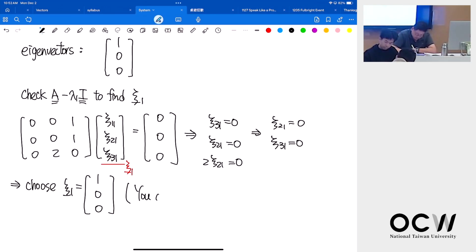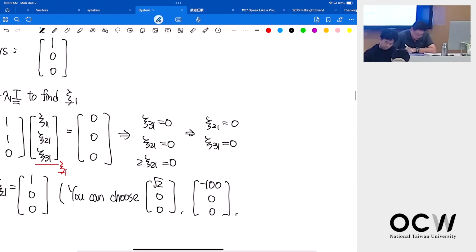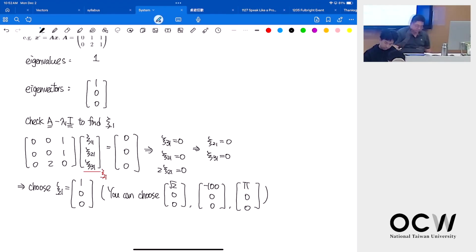So you can choose square root of 2, 0, 0, or minus 100, 0, 0, or even pi, 0, 0. Those are fine.